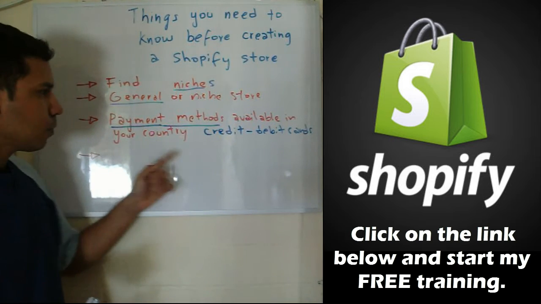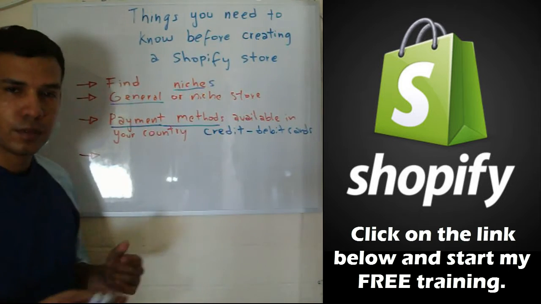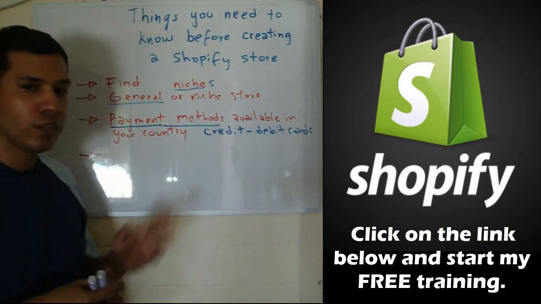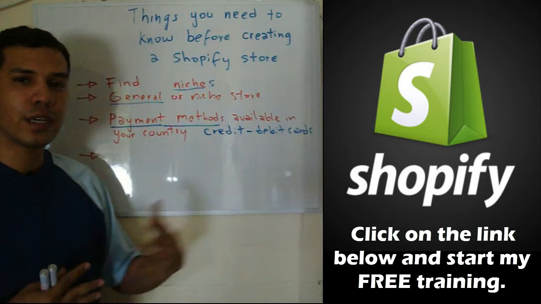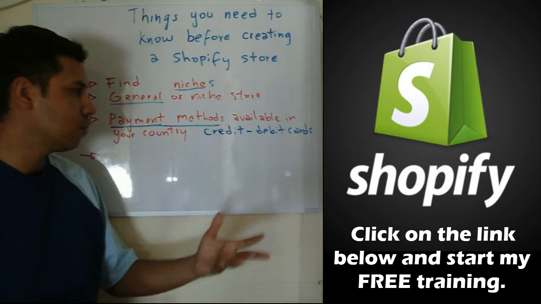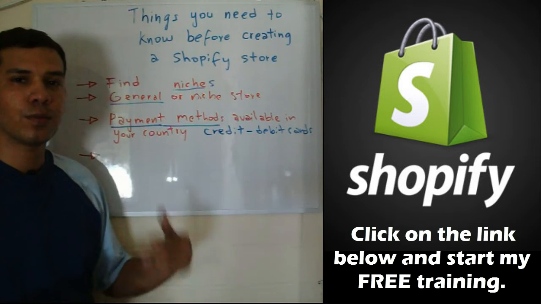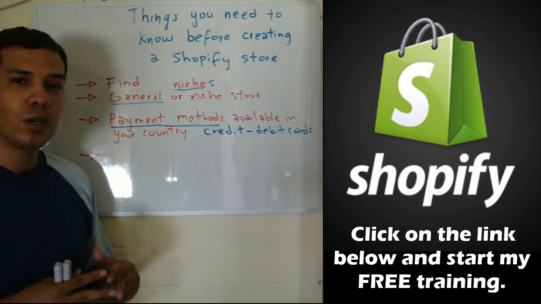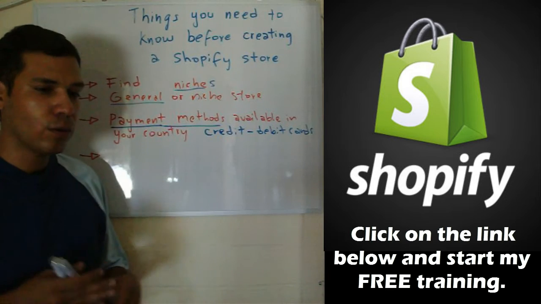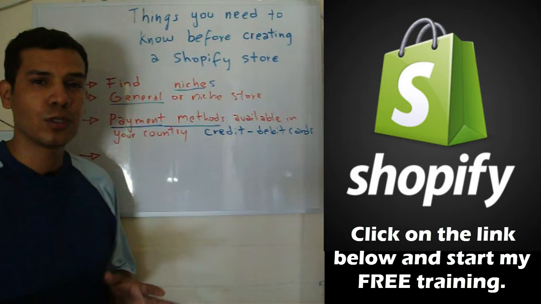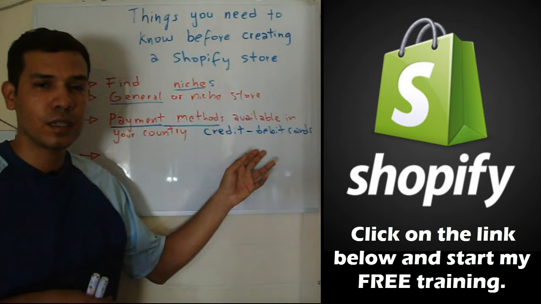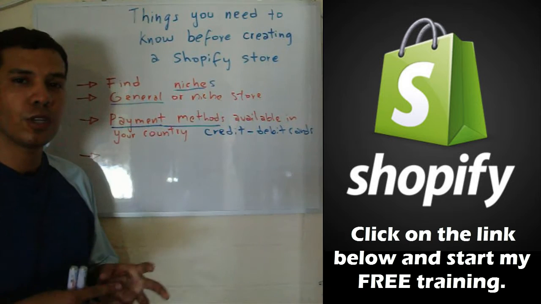So why is this so important? Because you need to know if you can access the money and how long it will take you to access the money that your client paid for your product. If you are outside of the US, most payment methods put the money that the client paid on hold for some days.